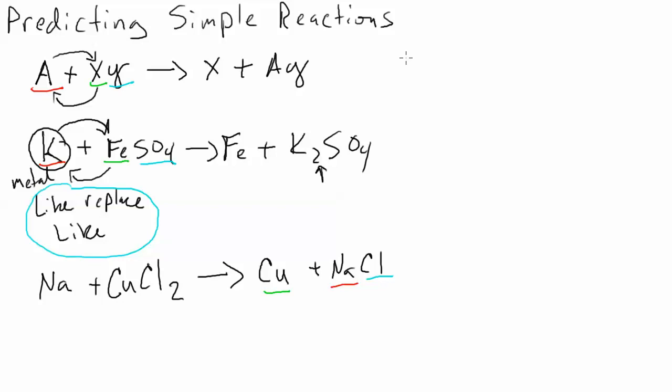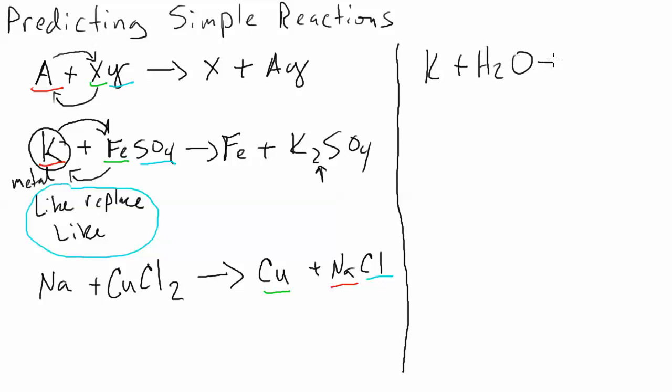Now, sometimes it's maybe not quite as cut and dry, and one of those examples is when you have highly reactive metals like sodium or potassium, we'll go back to potassium, reacting with water. It's not as clear what's going on here. What happens is the potassium is going to kick out some hydrogen, which will be H2, and one potassium kicks out one hydrogen, and then it will ionically bond to the hydroxide polyatomic ion that's left.